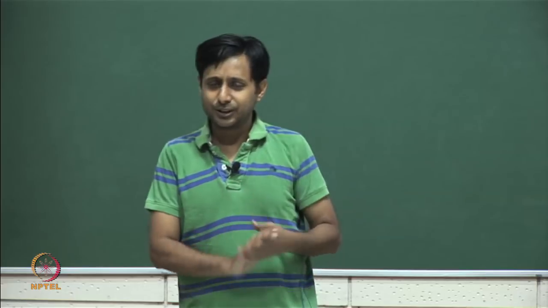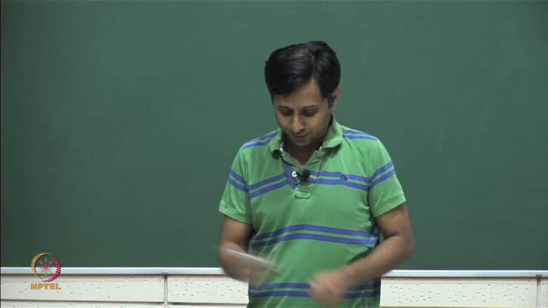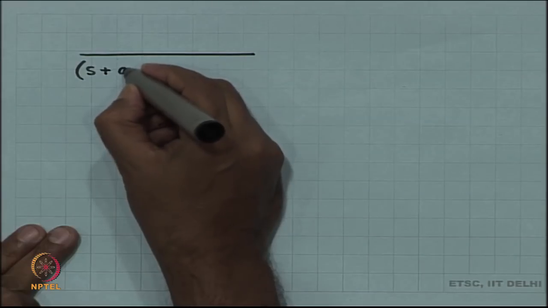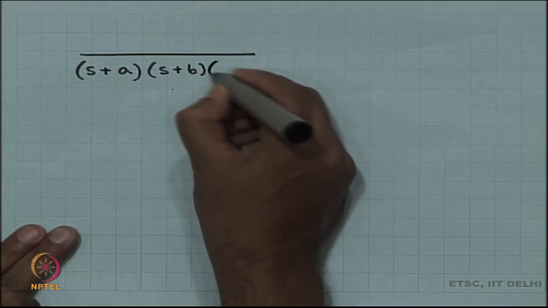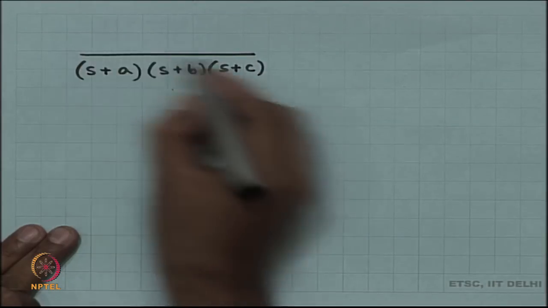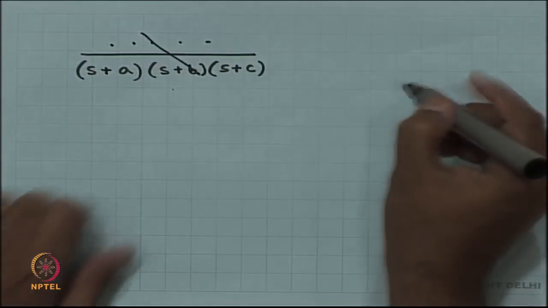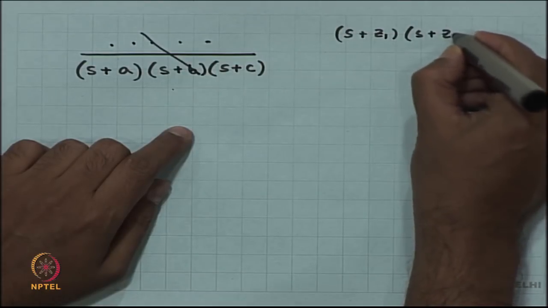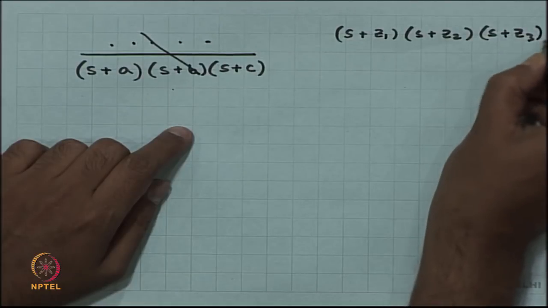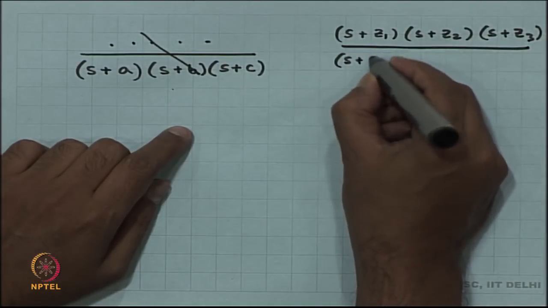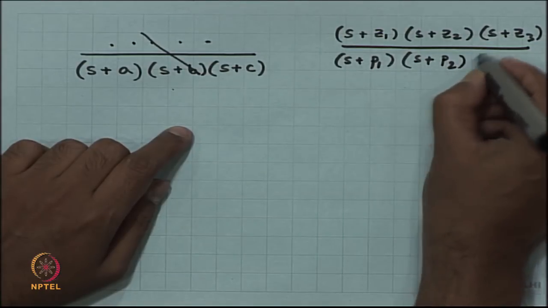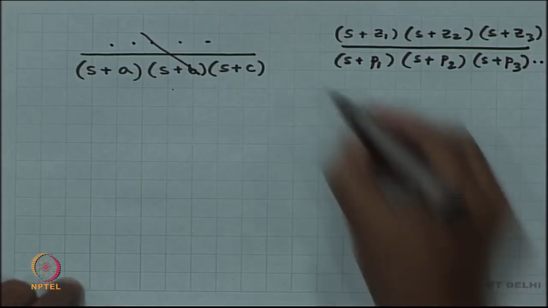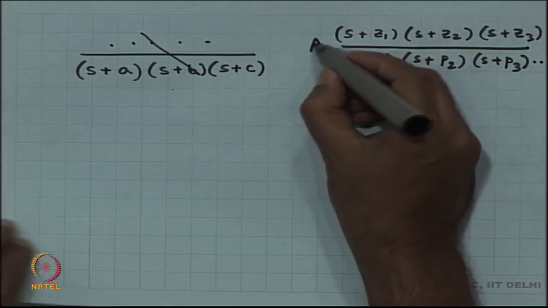If you open any control theory book, they are going to write it in this fashion: S plus Z1 into S plus Z2 into S plus Z3 etcetera, divided by S plus P1 into S plus P2 into S plus P3, this whole thing times some scaling constant.